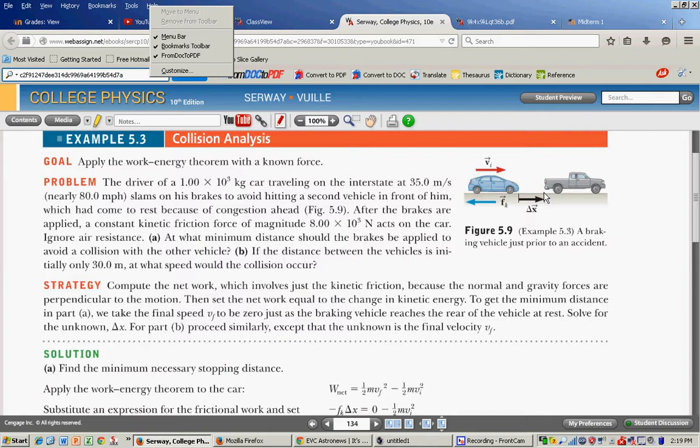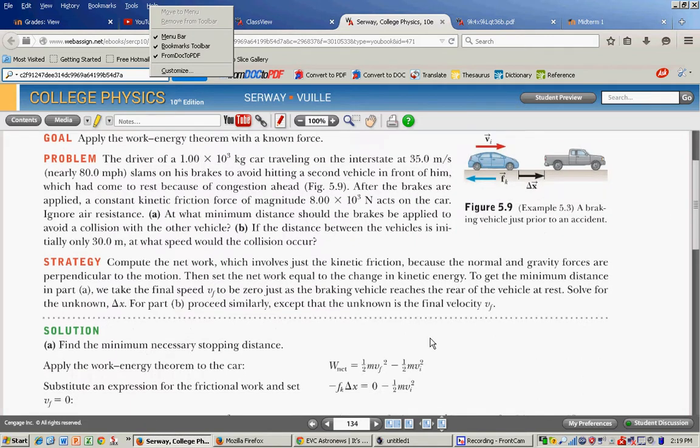Stop means final velocity is what? 0. Correct? So final kinetic energy is 0. Initial kinetic energy is given by half the mass of the car times the initial velocity squared. So you have the change in kinetic energy.